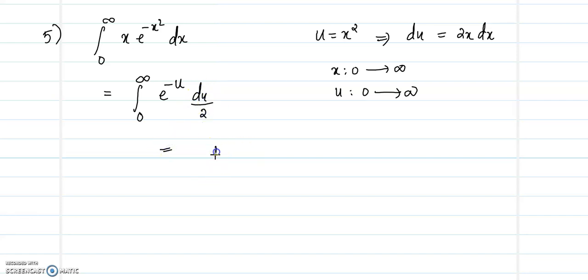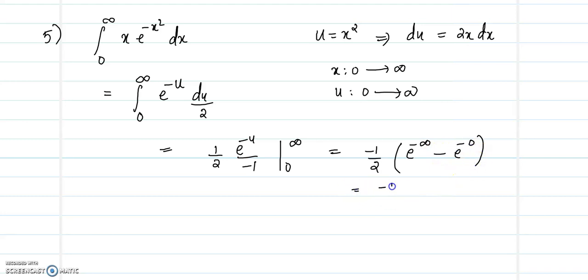Now upon integrating we will get 1 by 2. The integral of e power minus u will be e power minus u by minus 1 from 0 to infinity. So that will be minus 1 by 2, at infinity we have e power minus infinity minus e power minus 0. E power minus infinity goes to 0 and e power minus 0 will be 1. So the value of integral will be 1 by 2.